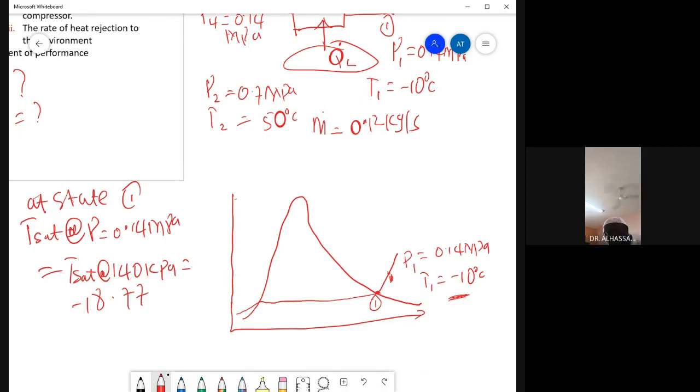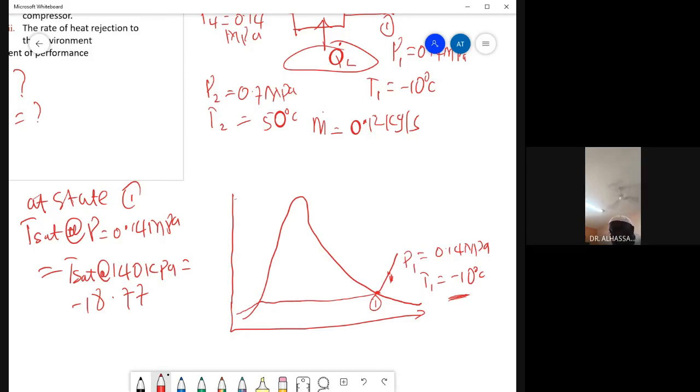So you see, T1 is greater than T saturation. This means that our fluid is not at a saturated liquid state. It is at a superheated state.